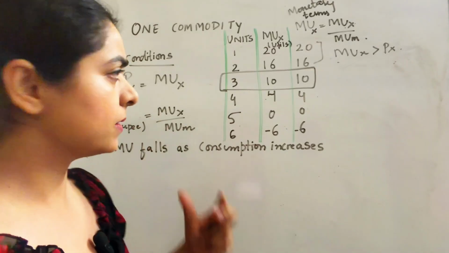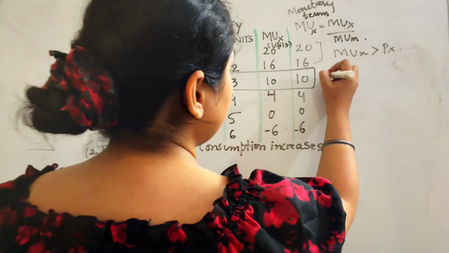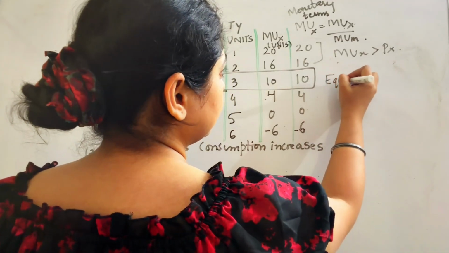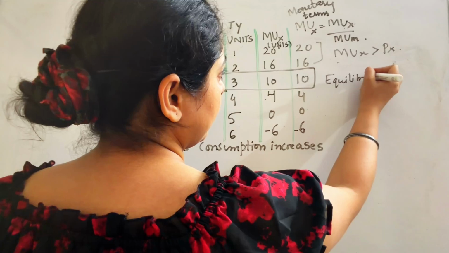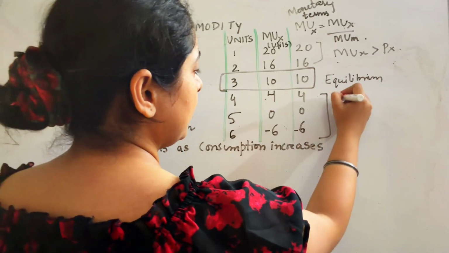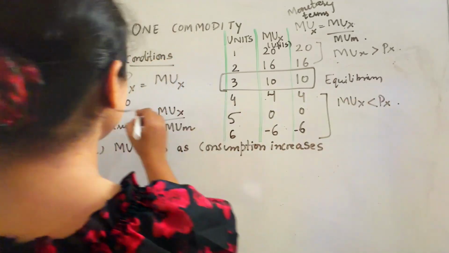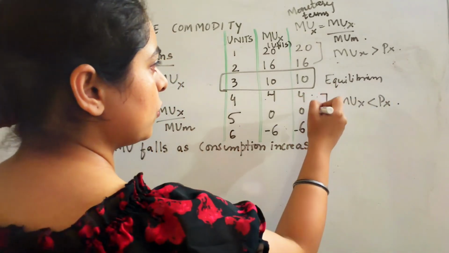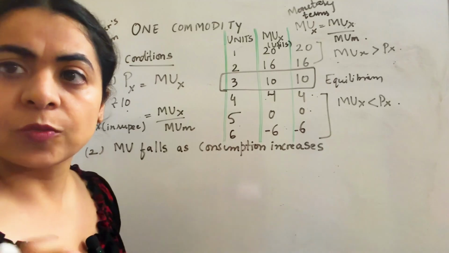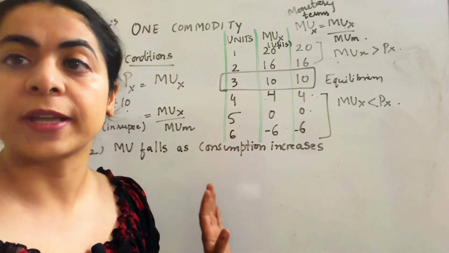Then the consumer will increase the consumption of good X. This is the equilibrium. And after this point, as we can clearly see, MUX is less than price, because the price of the good is 10 and MUX is 40 and so on. So in this case, the consumer should decrease the consumption of good X.